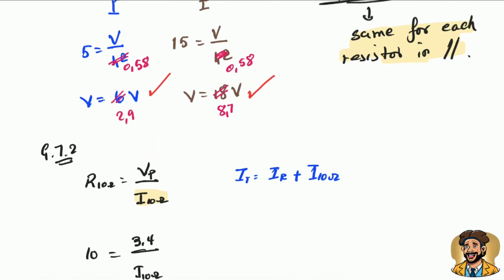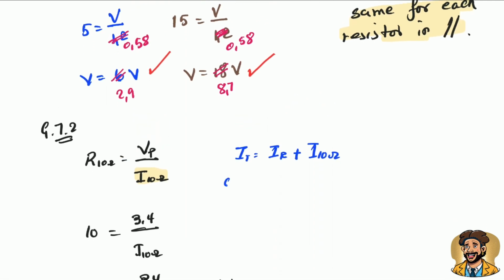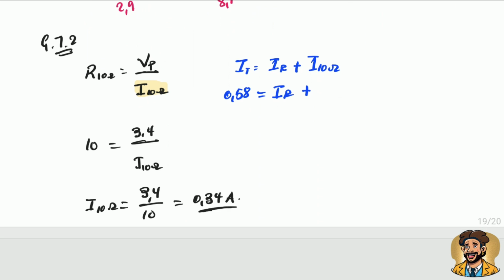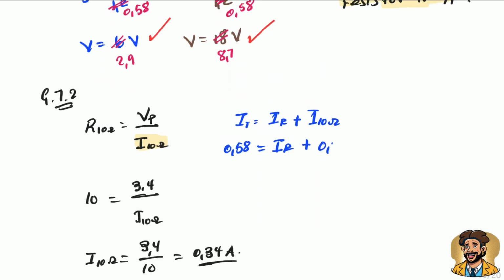So this current here, remember, is 0,58. 0,58 is equal to the current of the resistor R plus the current through the 10 ohm, which is 0,34. So that is what we have.